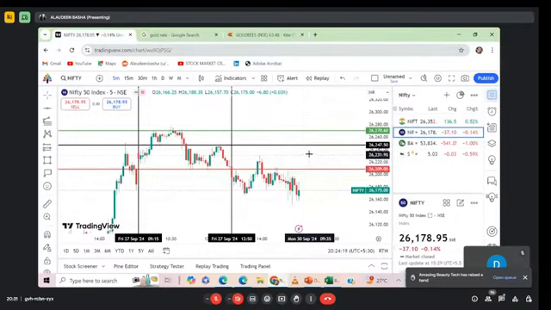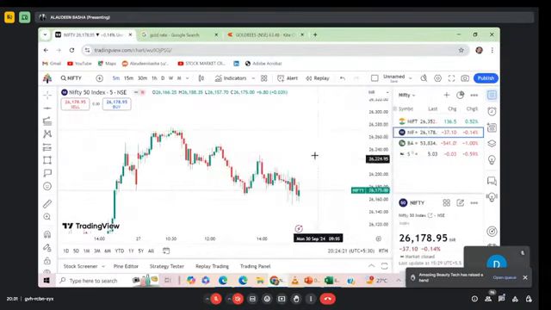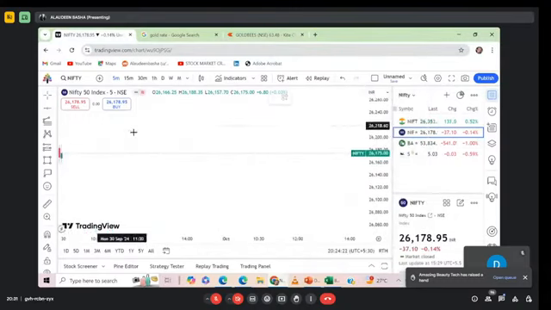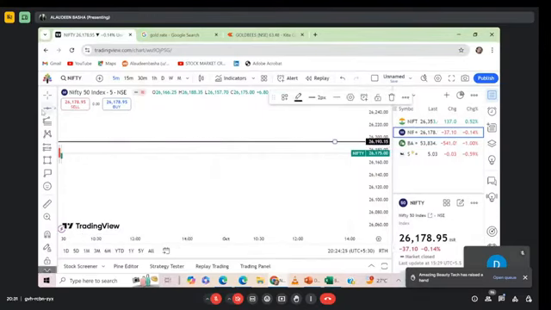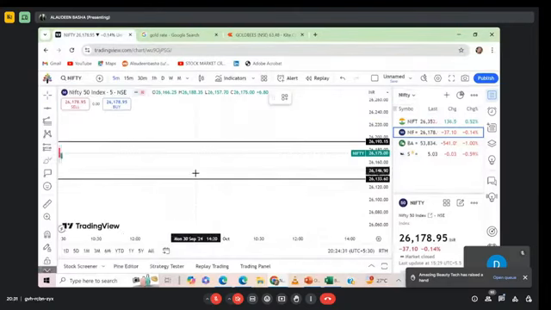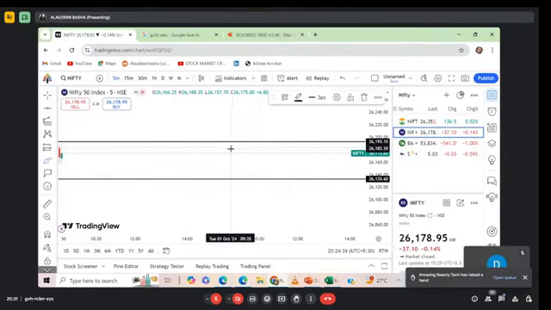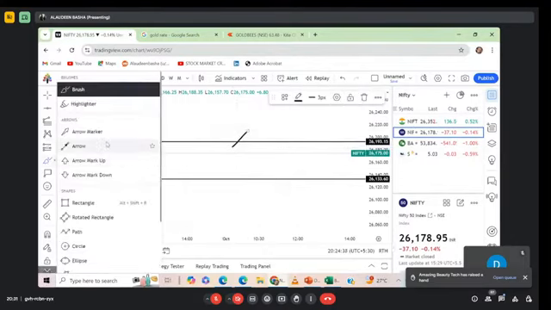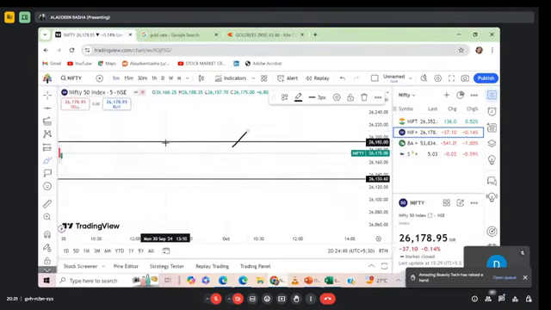For example, I will clearly show this. This is your trade. This is the high and low. For example, you go for buy. The candle will break here, so you go for buy. Candles are like here.